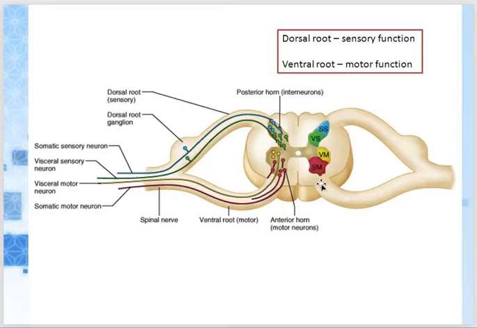Now when we take the history, we also try to grab the points which will point towards whether the condition is a demyelinating type of disorder like multiple sclerosis. But multiple sclerosis, of course, is a central nervous system condition.